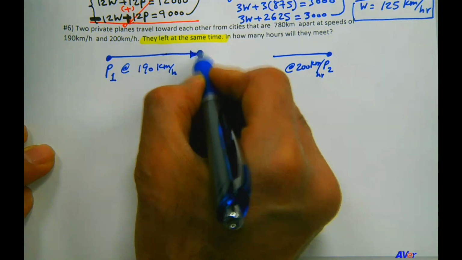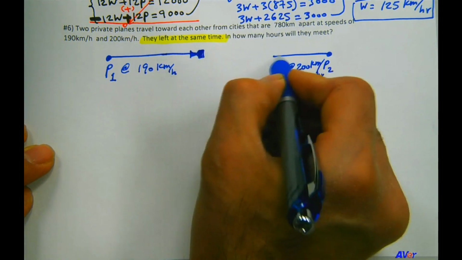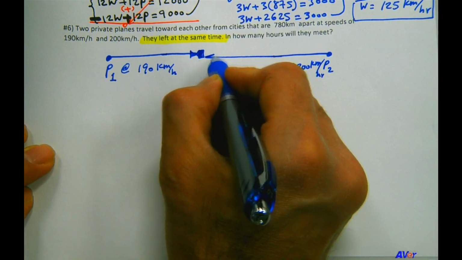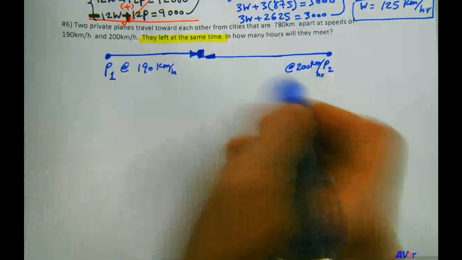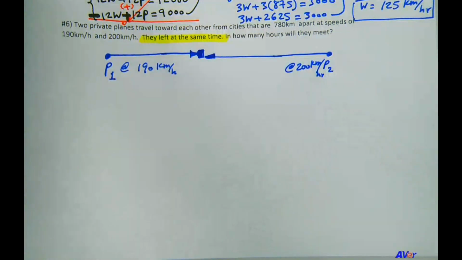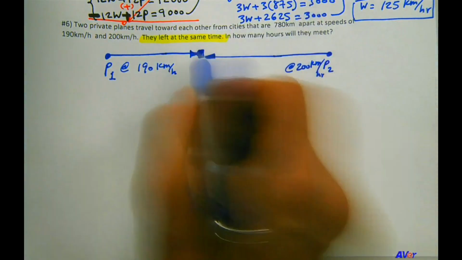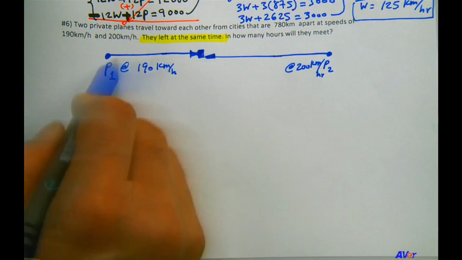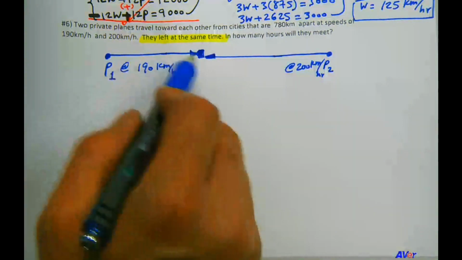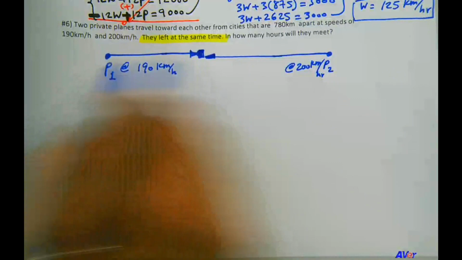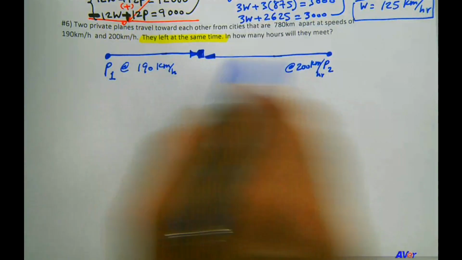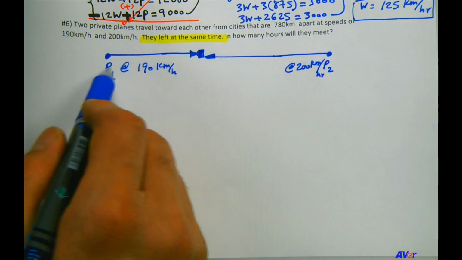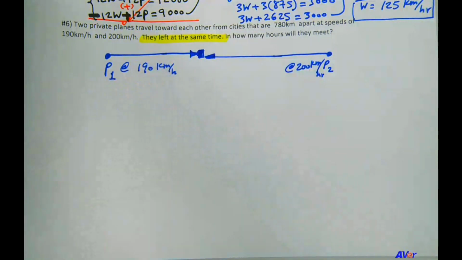Because plane 2 is moving at a 10 kilometer per hour faster speed, it will have traveled a slightly longer distance than plane 1, which is moving at a slower speed, right?